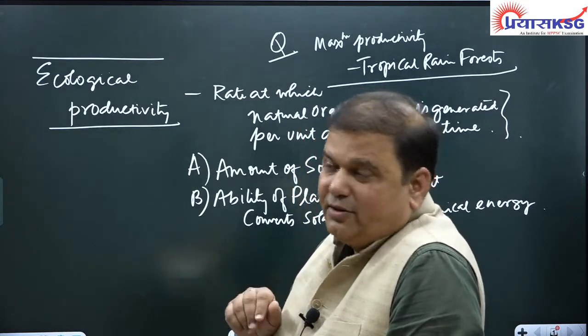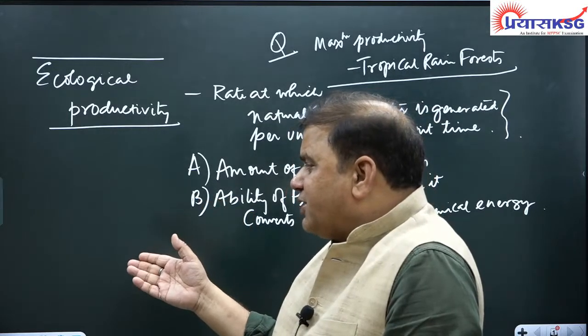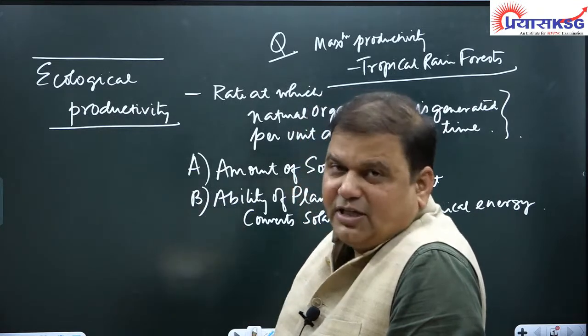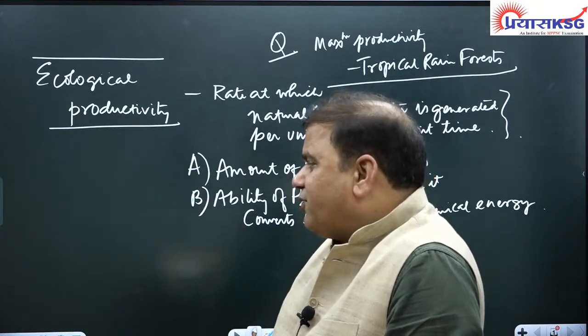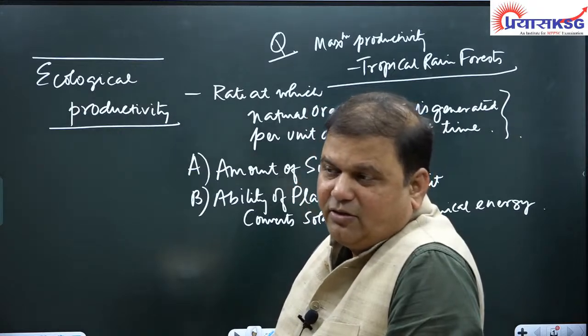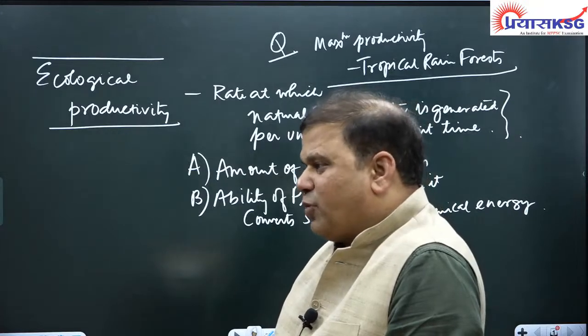And why? Because the rivers, when they come, are responsible for deposition of sediments in these areas, which raises the nutrient content of this area, and that's why the concentration of phytoplankton and algae becomes more. Clear? So this area would be registering a very high ecological productivity.